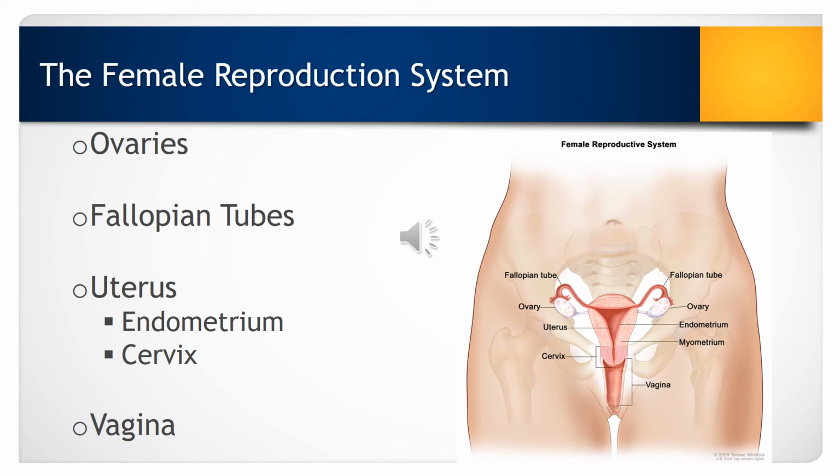The functions of the vagina are to receive sperm during sexual intercourse. It is the exit for menstrual flow if fertilization and implantation haven't taken place, and it is known as the birth canal during labor.